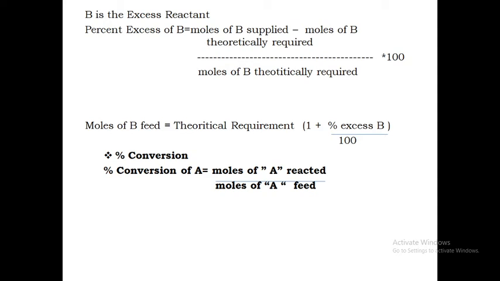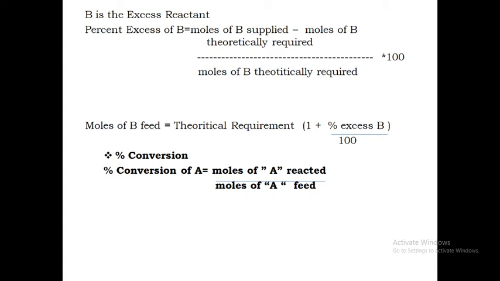How will you calculate the percentage excess of B? Moles of B supplied minus moles of B theoretically required, divided by moles of B theoretically required, into 100. This is the formula to calculate percentage excess of B. From this formula, we want to calculate the moles of B fed or supplied.